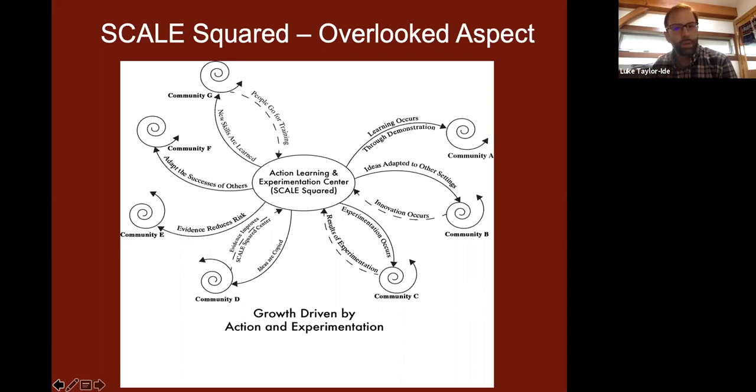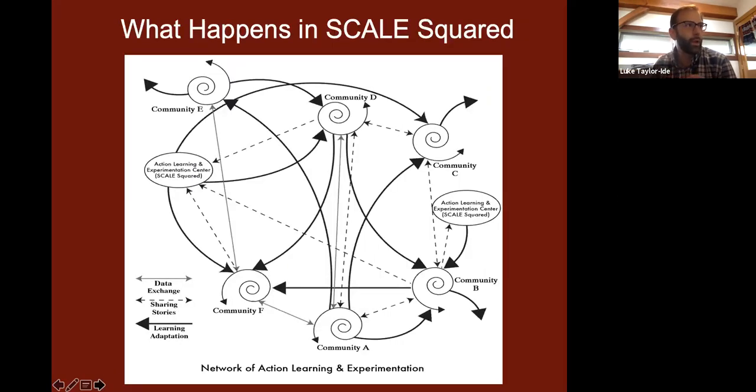And then if you go to the next slide, scale cubed, and unfortunately this one is mislabeled, but you can see that this is certainly a different graphic. And notice that there is no center to this, right? This is a true biologically functioning network.